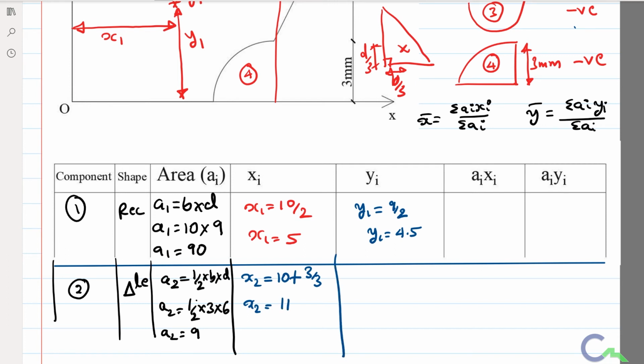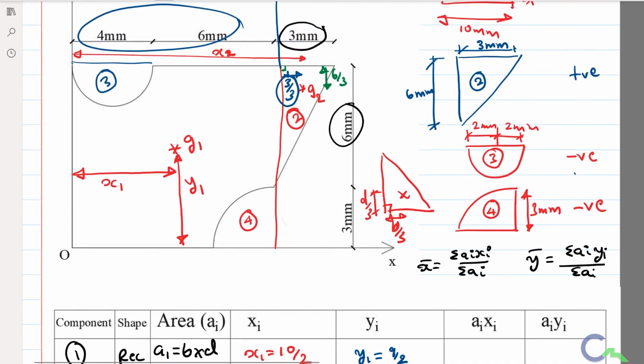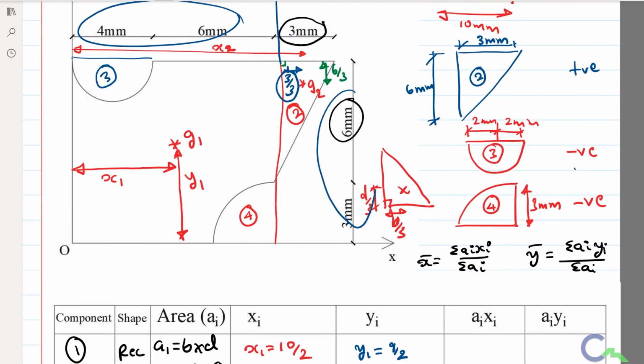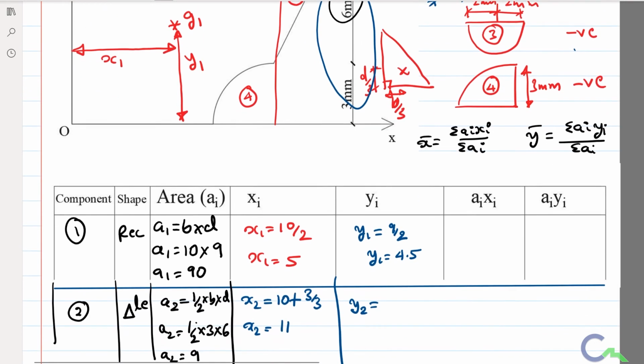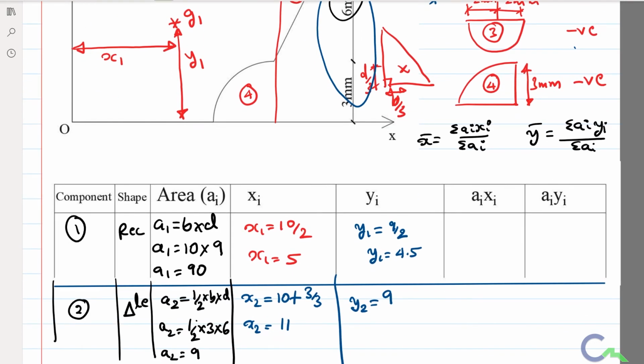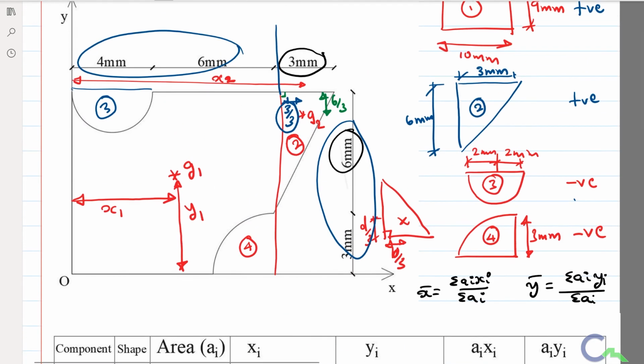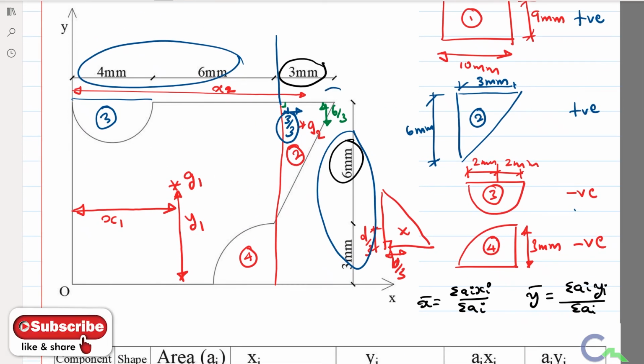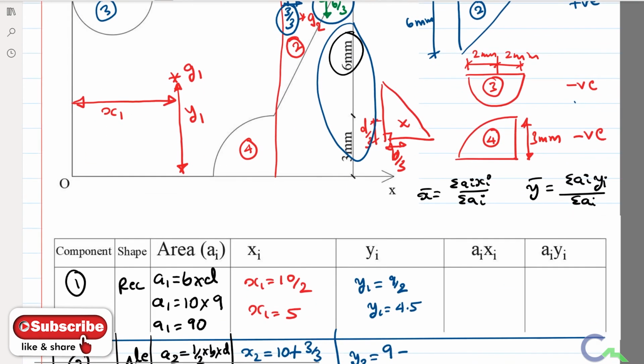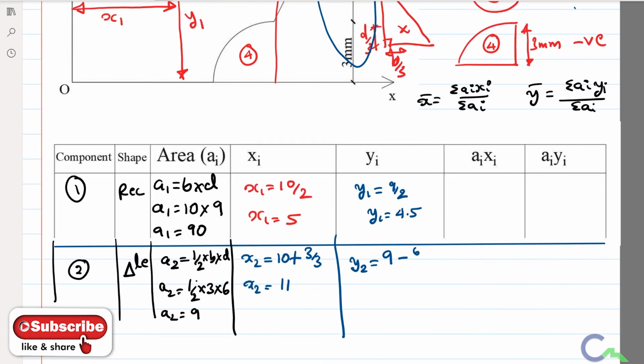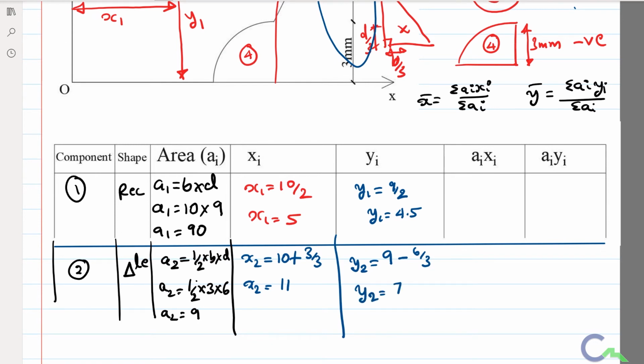Then I can calculate y2. If I want to calculate y2, total height is 3 plus 6, I will get 9 mm. From that I have to deduct 6 by 3. So if I deduct that, 6 by 3 means 2, therefore y2 is equal to 7 mm.